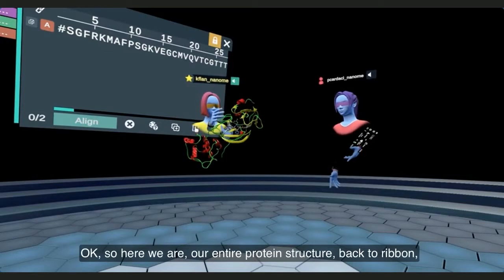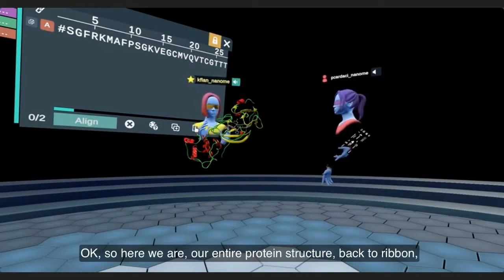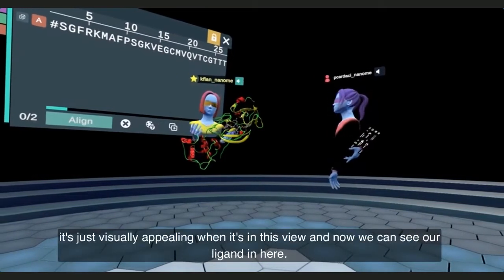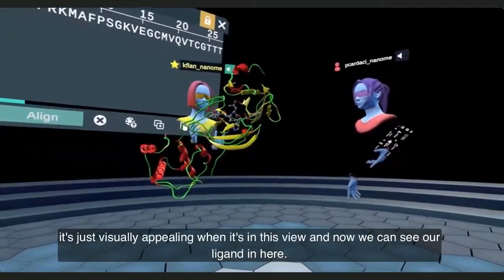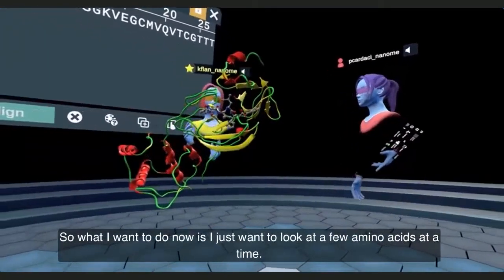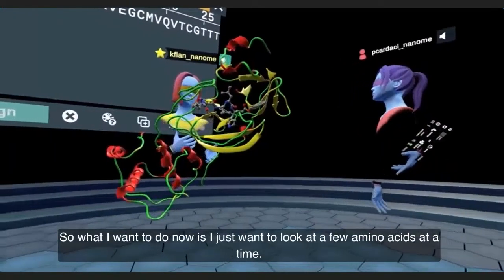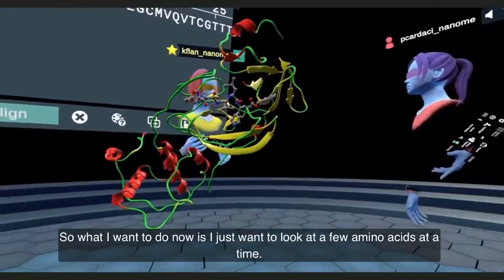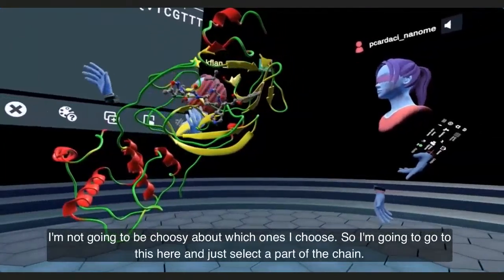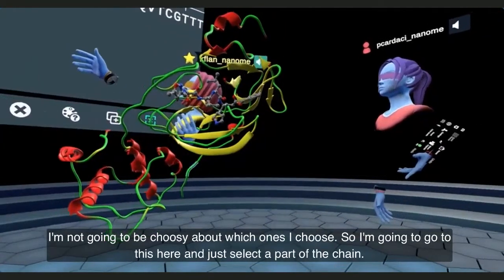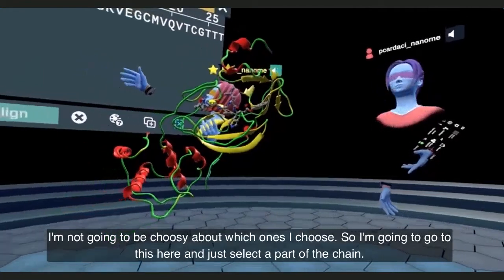So here we are, our entire protein structure, back to ribbon. It's just visually appealing when it's in this view. And now we can see our ligand in here. So what I want to do now is look at a few amino acids at a time. I'm not going to be choosy about which ones I choose. So I'm going to go to this here, just select a part of the chain.